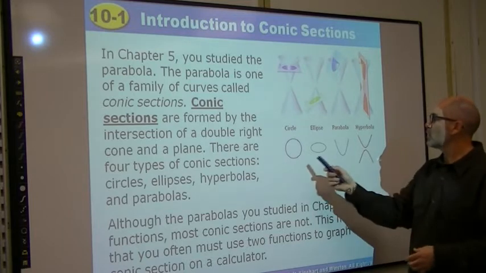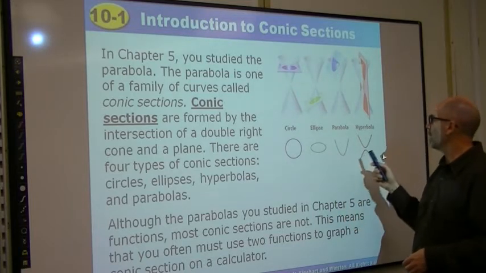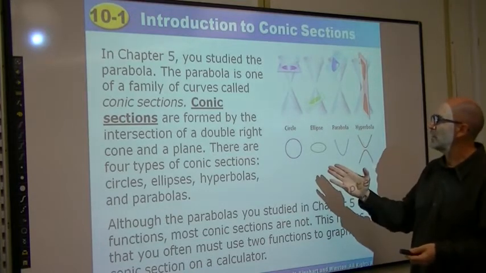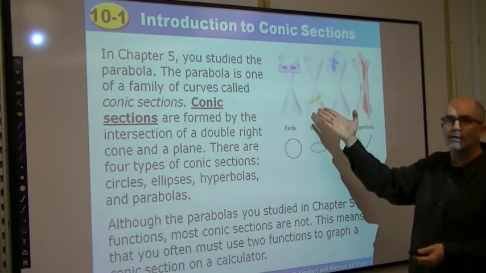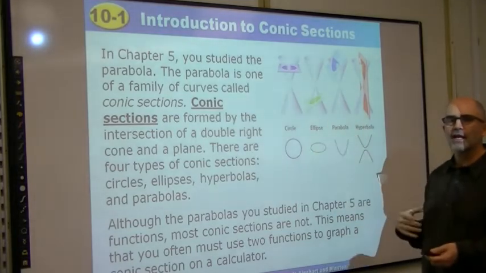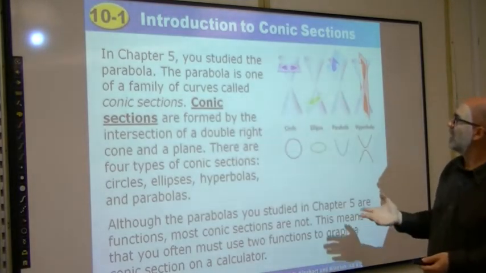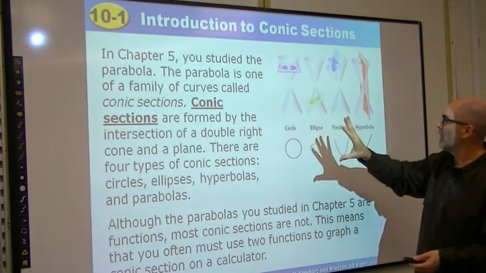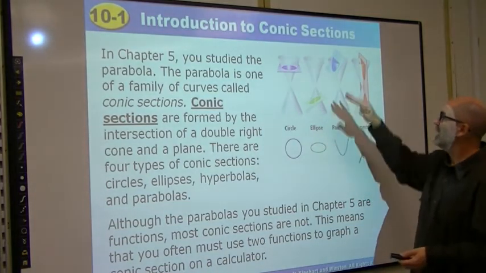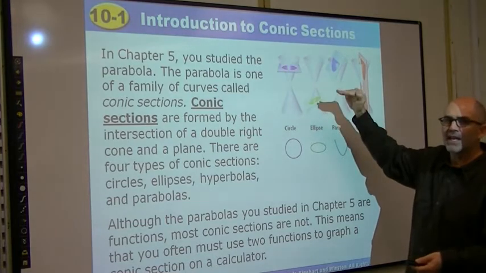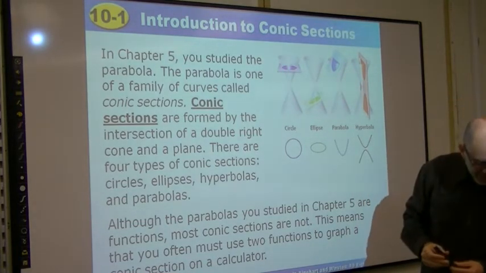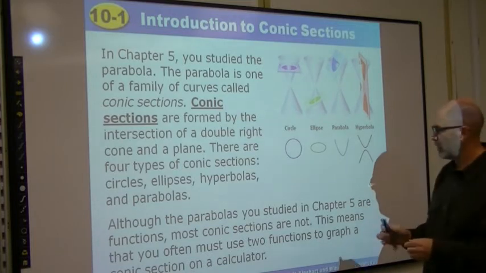So circles, ellipses, parabolas, hyperbolas are basically just sections of a cone, otherwise known as conic sections. And notice the only difference between one and another is the angle of the plane that's intersecting the cone. You guys can see this in your book on page 623.